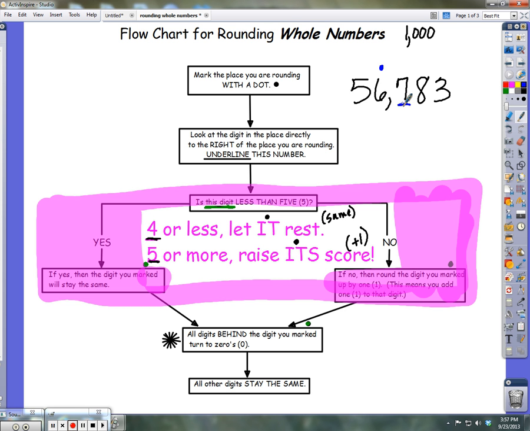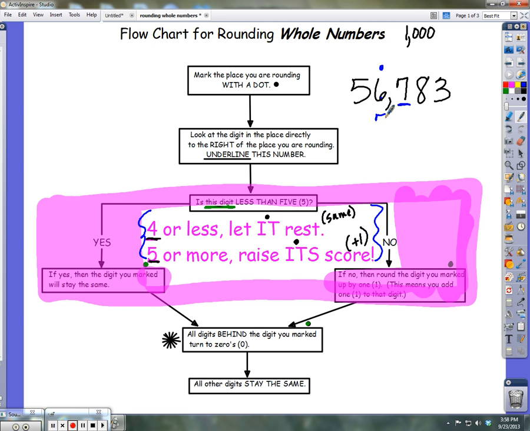Now, this is where we're going to use our little saying. For the underlying digit, if it's a 4 or less, let the dotted one rest. But it's not 4 or less. It is 5 or more, so you are going to raise the dotted one's score.